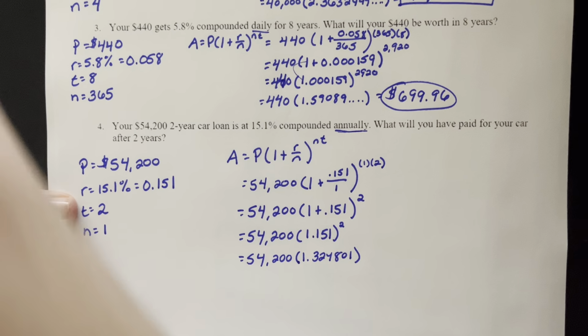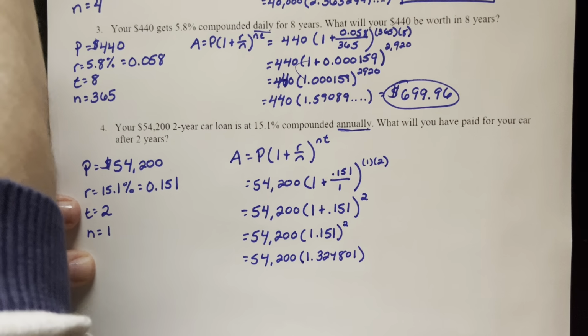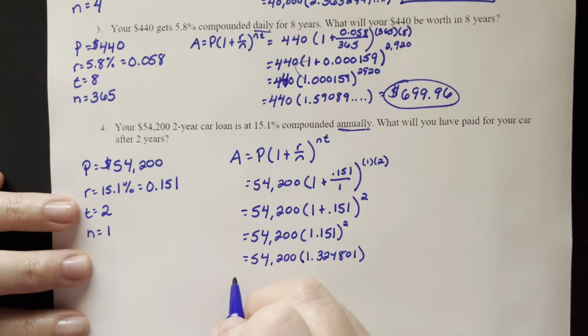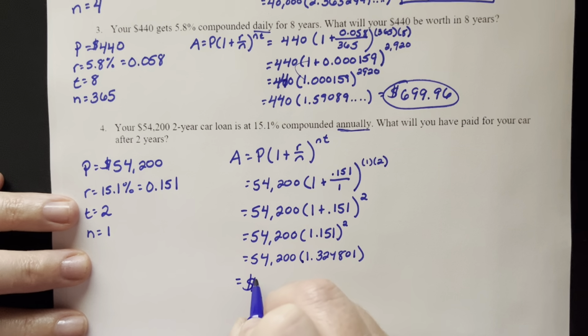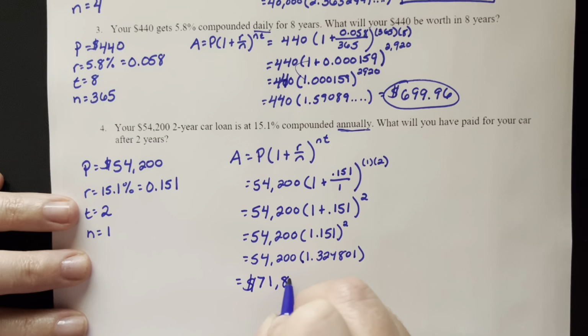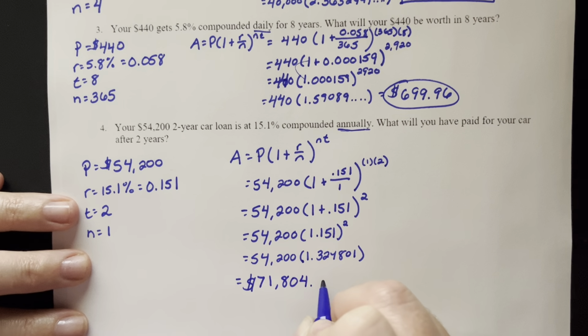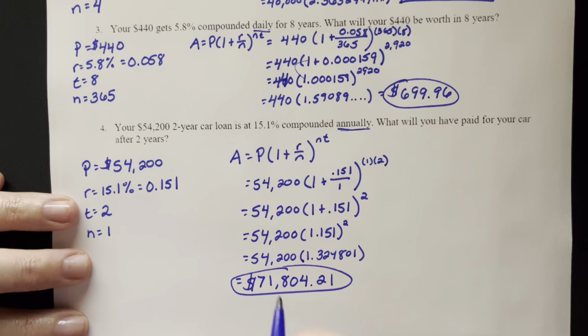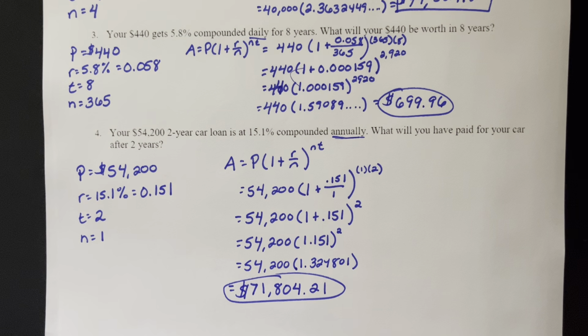So then do this multiplication. So you would have ended up paying $71,804.21 for the car that was originally $54,000, right?